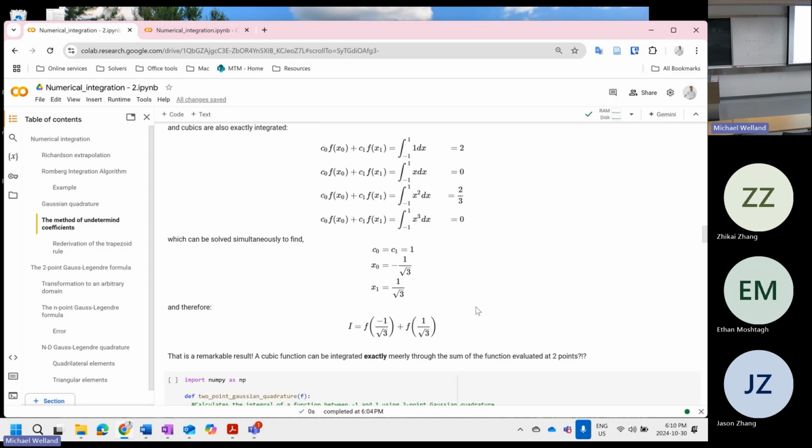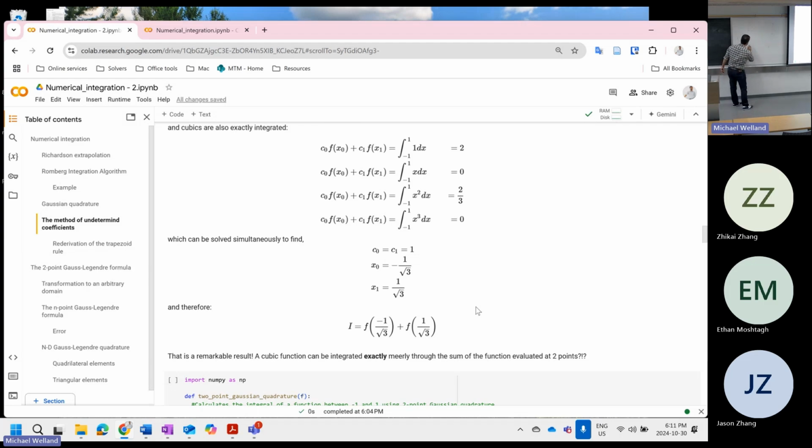What this means is, so here's our A, here's our B. You might have noticed that they've changed the integration limits from -1 to 1. We're going to see how they do that afterwards. Just bear with me at this point. What we're going to do is take any interval and just rescale it and then apply this method. That's why all these integrals are from -1 to 1. Okay?